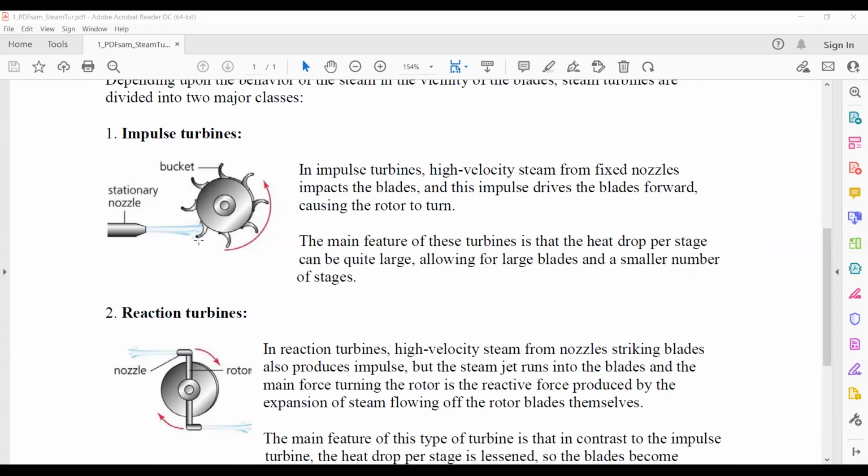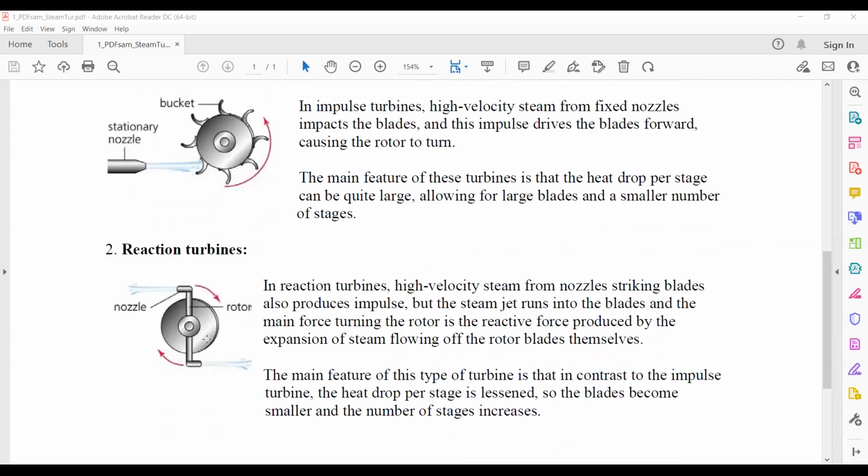So in case of the impulse turbines, the number of stages is small, and the blades are of large size. The size of the blades is large, and also the heat drop per stage is large. That's why the number of stages is less, so that there should not be so much heat drop there.